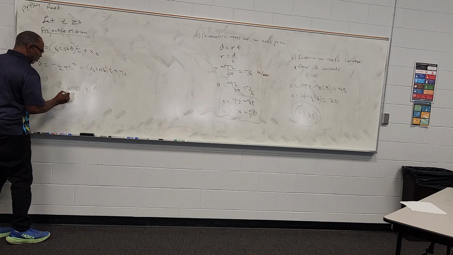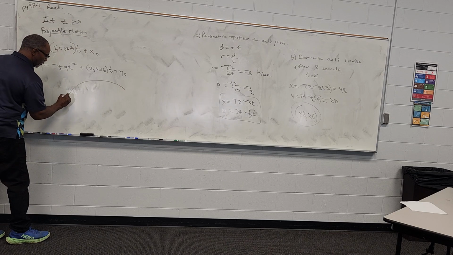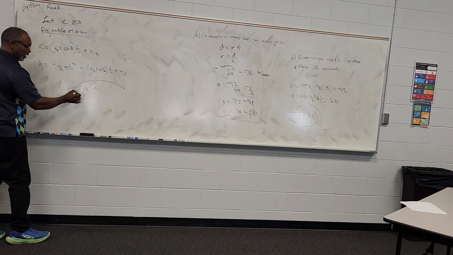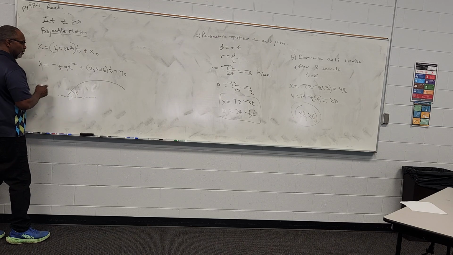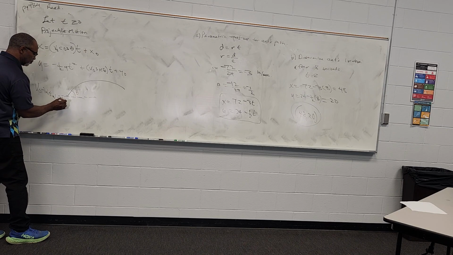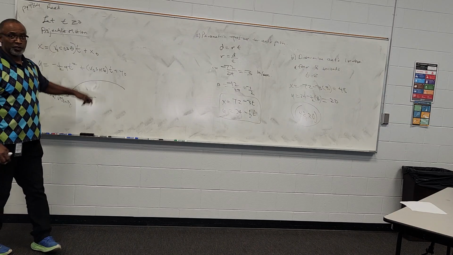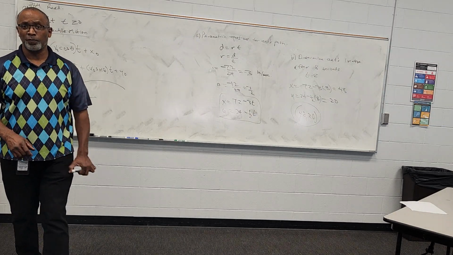So again, projectile motion. Think about a projectile. With respect to the horizontal, a projectile will always be launched at some angle theta. There's that theta. V sub 0 is the initial velocity. X sub 0 is still your initial horizontal position.